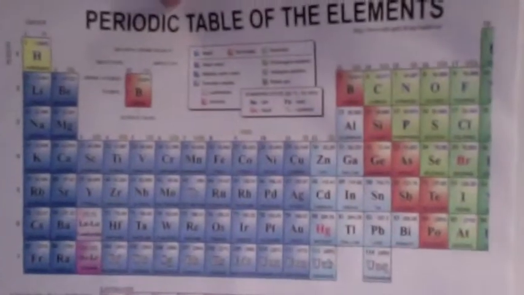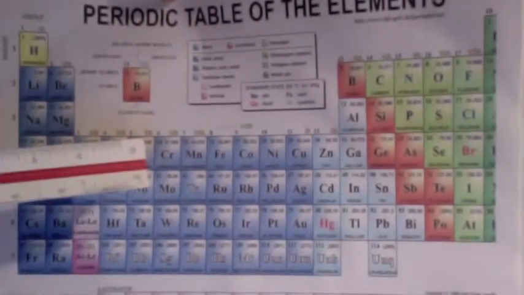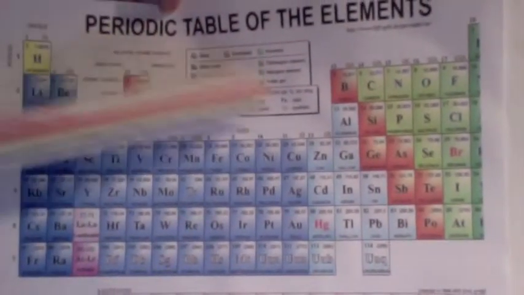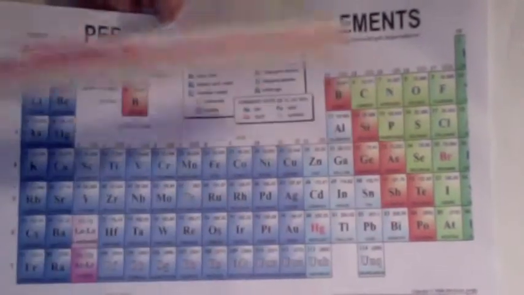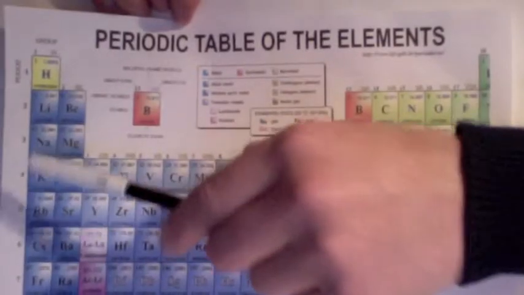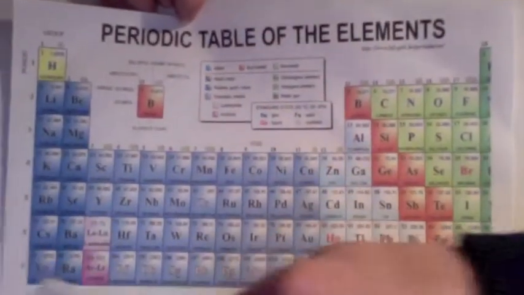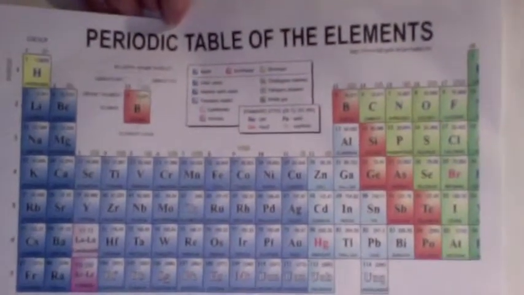This is the periodic table of the elements. On the periodic table, there is a period and a group. When you go down on the periodic table, you get periods. This is period 1, 2, 3, 4, 5, 6, and 7. There are 7 periods on the periodic table.